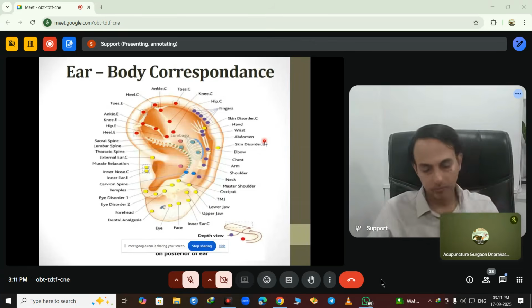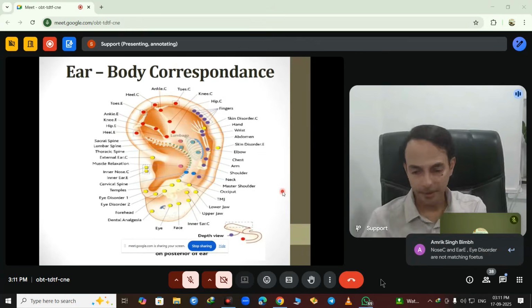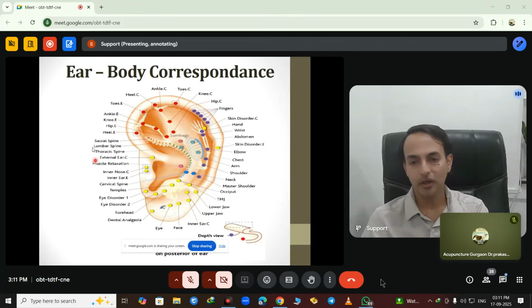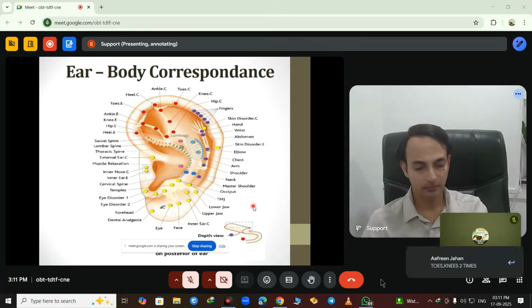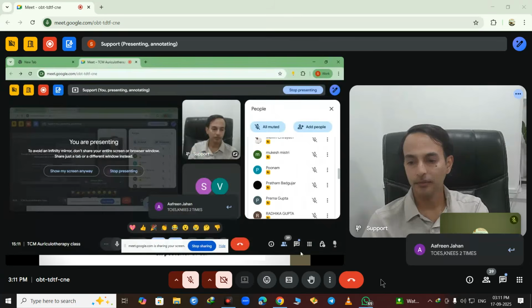Okay, now my friends who are present in the lecture and who have already learned ear acupressure or auriculotherapy, it is your chance. Tell me what is wrong with the picture. Not wrong in the sense, but what is not aligning, what is not obvious. कोई बताएगा? No?